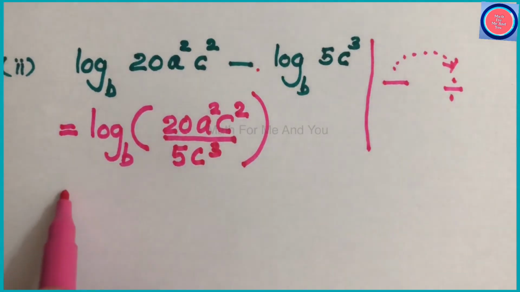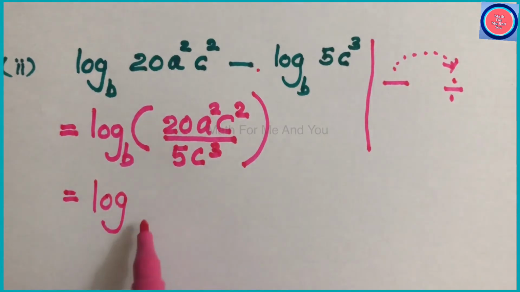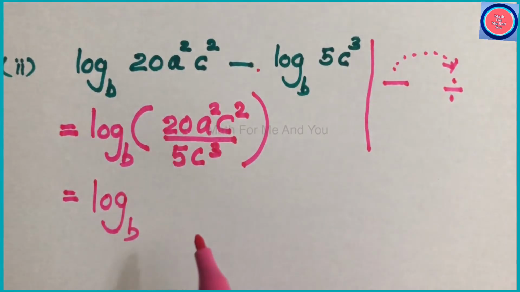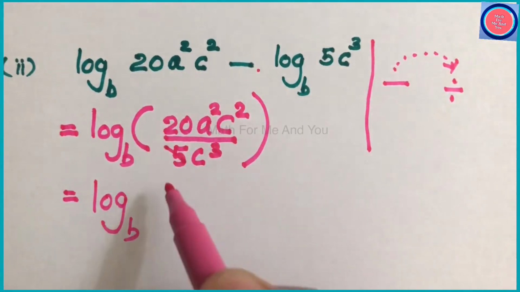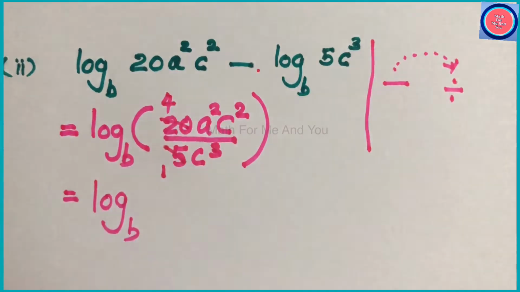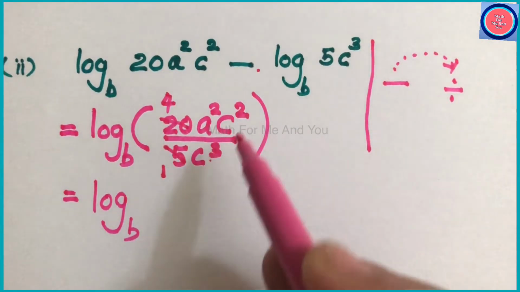Simplify the bracket, we get the single logarithmic expression. Log to the base b. 20 and 5 we can cancel. We get 5 times 1 and 5 times 4. 4 in the numerator. c power 2 numerator, c power 3 denominator.